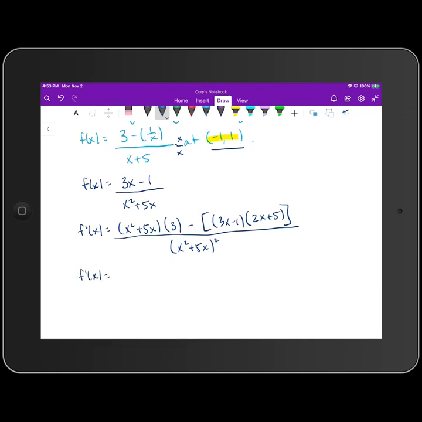Again, if you want to evaluate the derivative at -1 in this step right here, that's perfectly fine. I'm just not going to do that in this particular case.